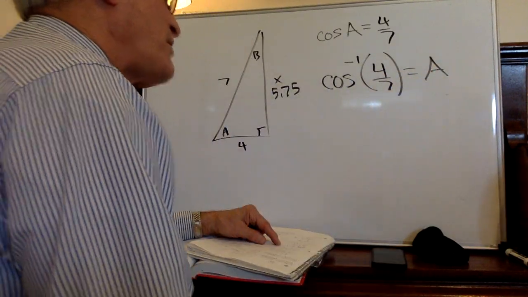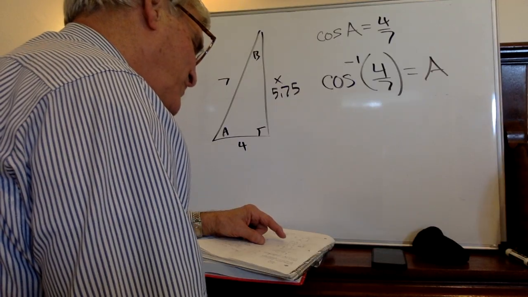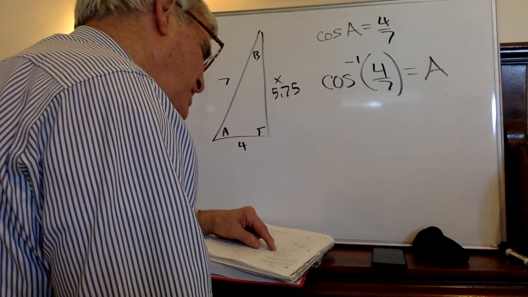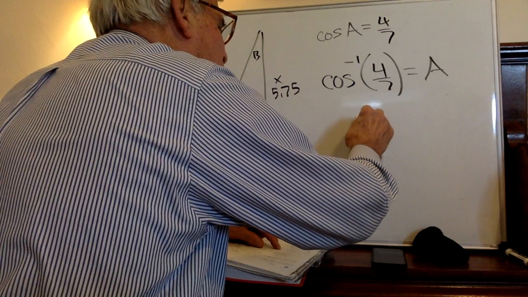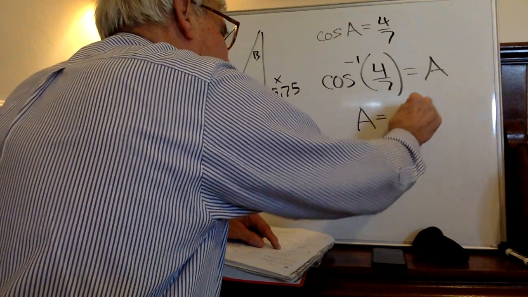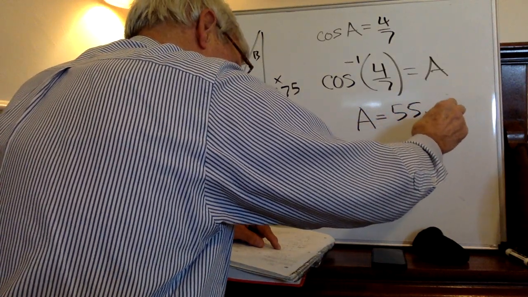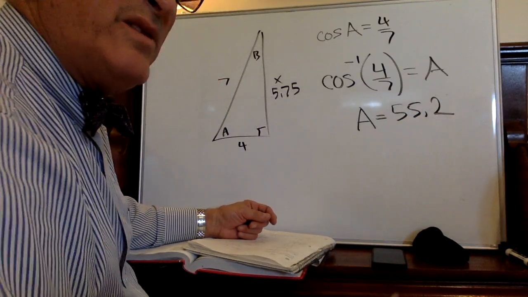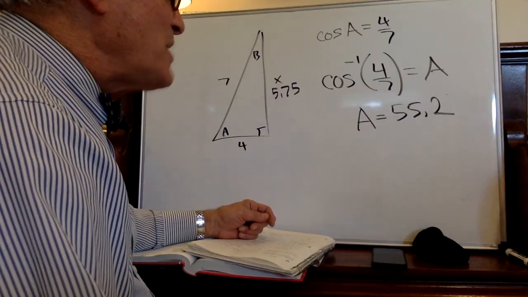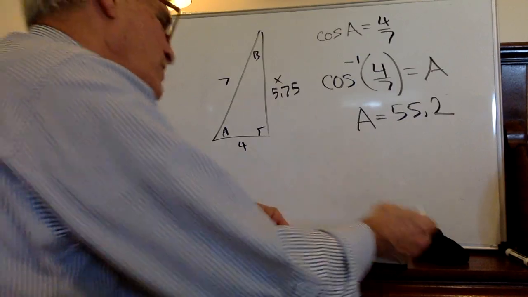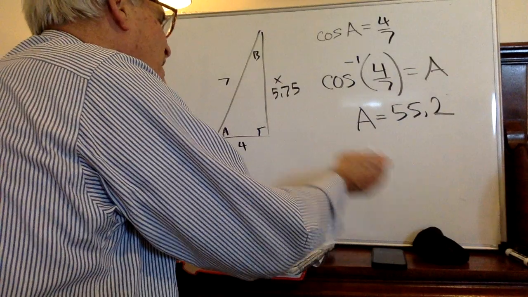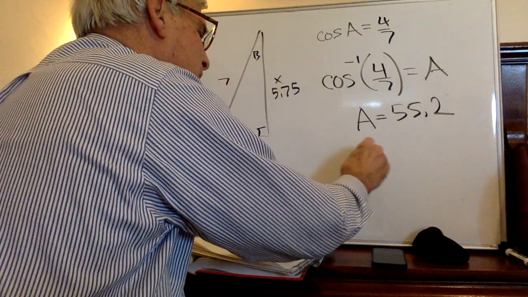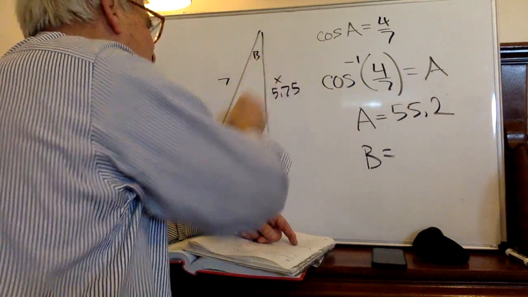So you put that in your calculator, hit enter, and what should have popped out is angle A is approximately 55.2. You have 55.15 something. So it's approximately 55.2. Again, now I don't even need to use trig again. I can simply say angle B. These two angles have to be complements.